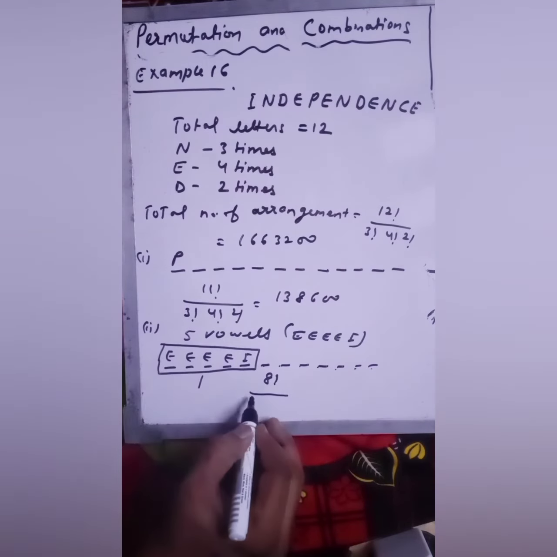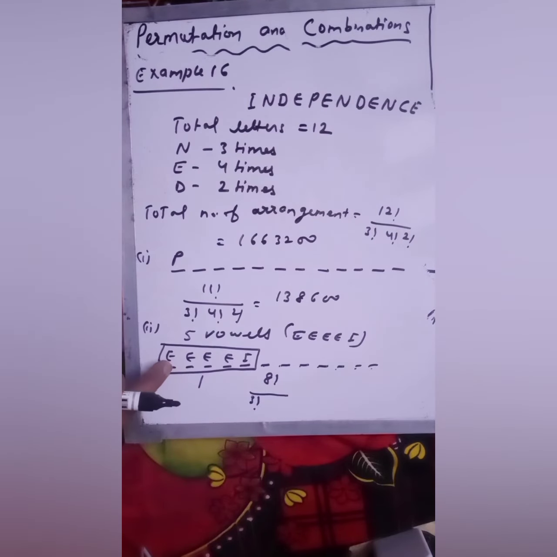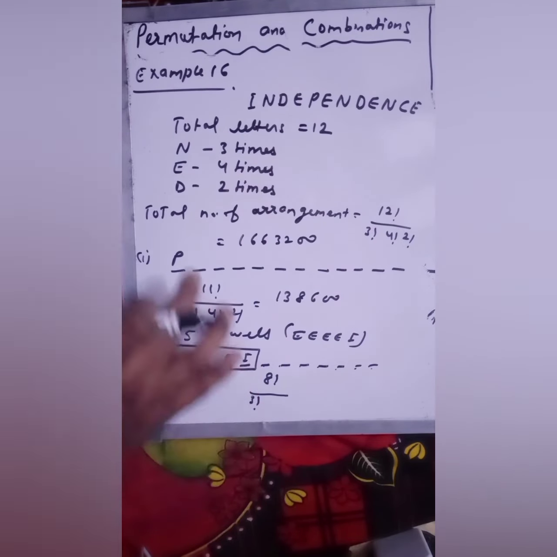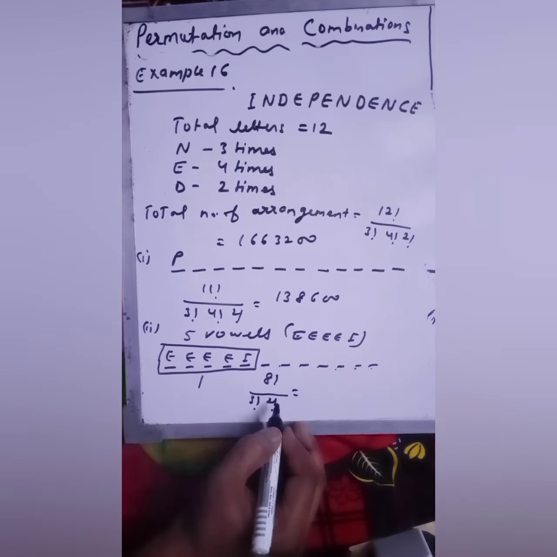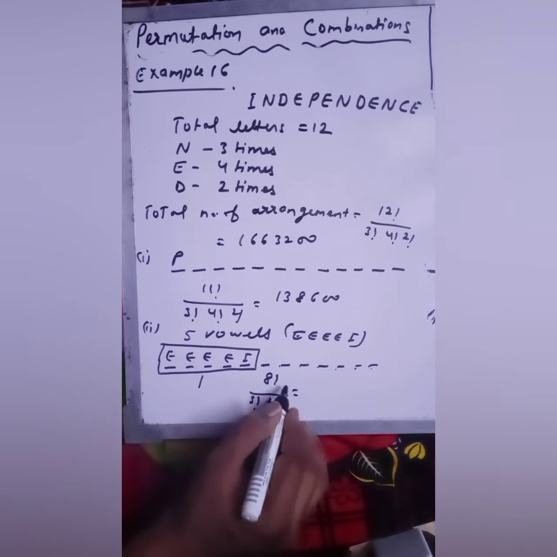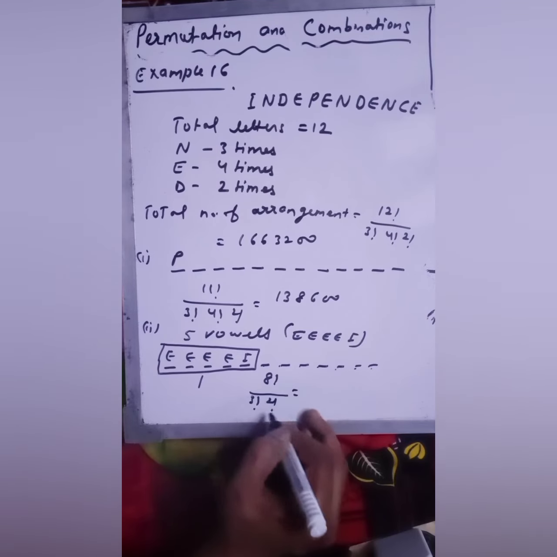N is coming 3 times, so it will be 3 factorial. Your E you will not take because it is only one set. D is coming 2 times, so you will write 2 factorial. When you solve this, you will get the answer of this part.